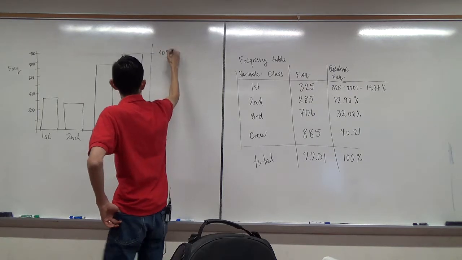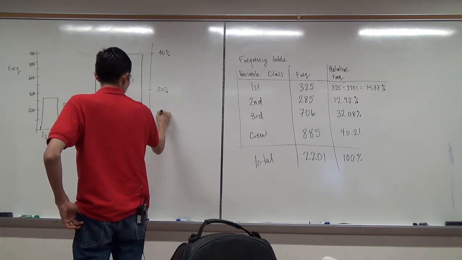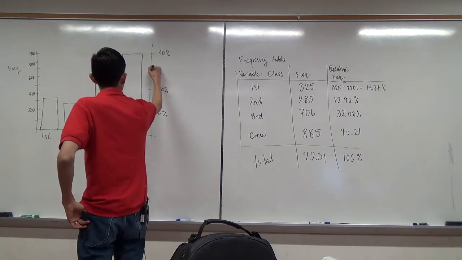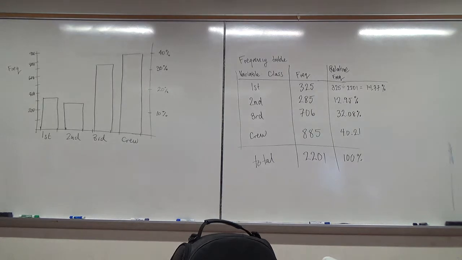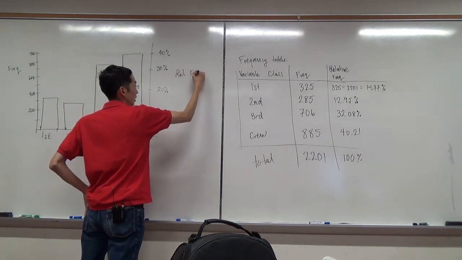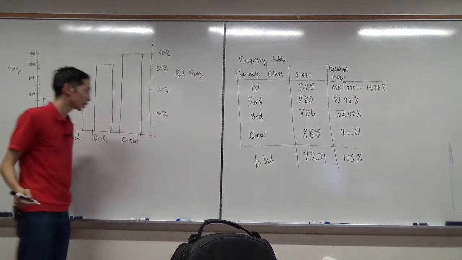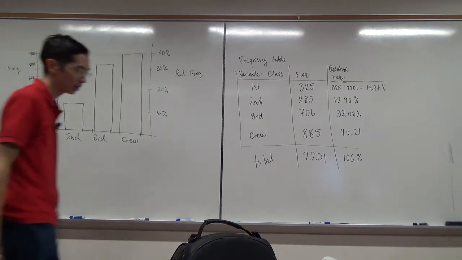So this would be 40%, 20%, 10%, and 30%. And this would be equivalent, and so over here I would have relative frequency. So we can make a bar chart for frequency or relative frequency. We could have multiple scales if we wish.